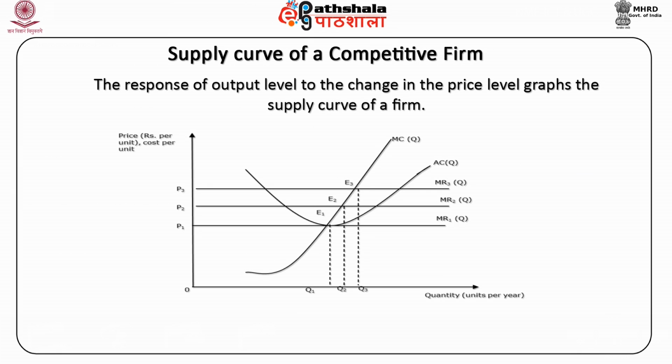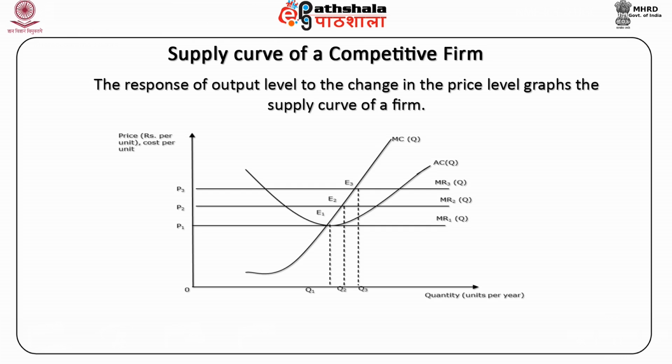The initial equilibrium of a perfectly competitive firm in the given figure is at E1, where MR1 is equal to MC of the firm. The price is set at P1. As the price increases in the industry from P1 to P2, the MR curve shifts for an individual firm from MR1 to MR2, and the equilibrium shifts to E2.